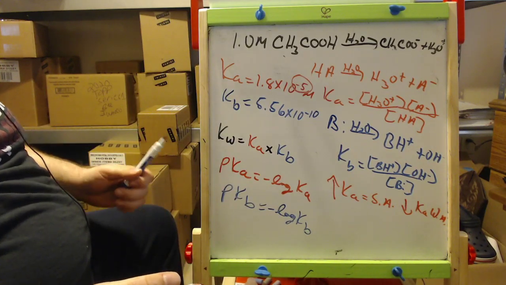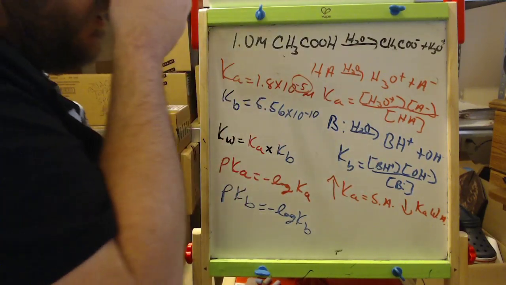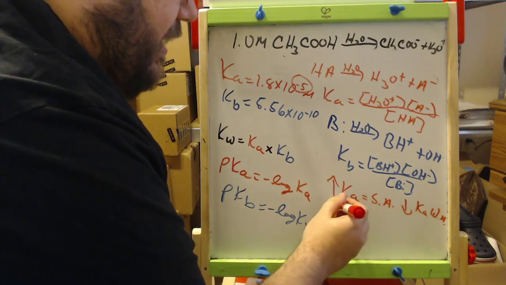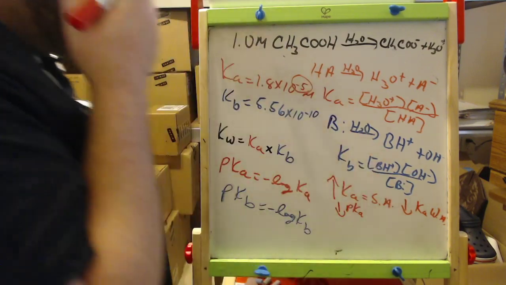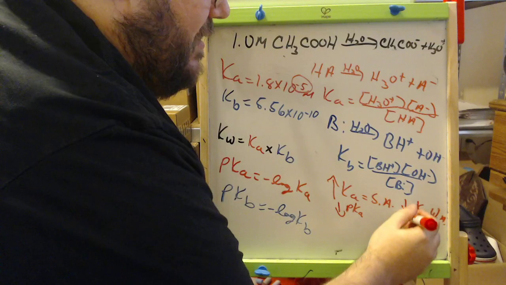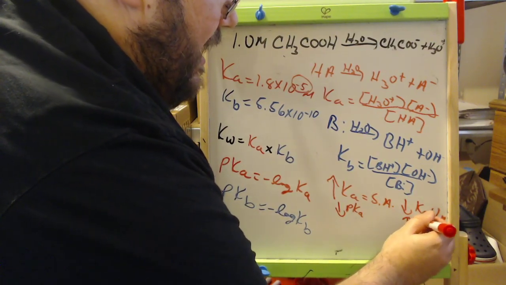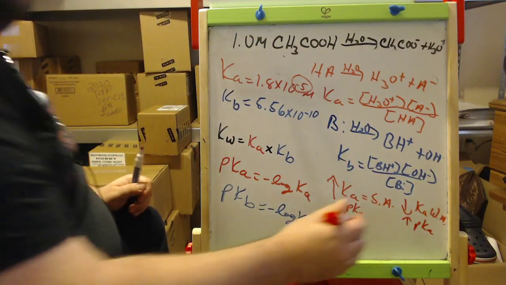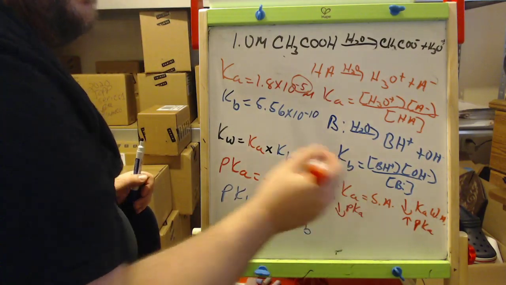Organic chemists measure acid strength by pKa. Don't know why, they just do. Well, if a high Ka means I'm a strong acid, a low pKa means the same thing. For a weak acid, a low Ka is a weak acid, but a high pKa is a weak acid. Because remember, take the negative log of a big number, get a small number.